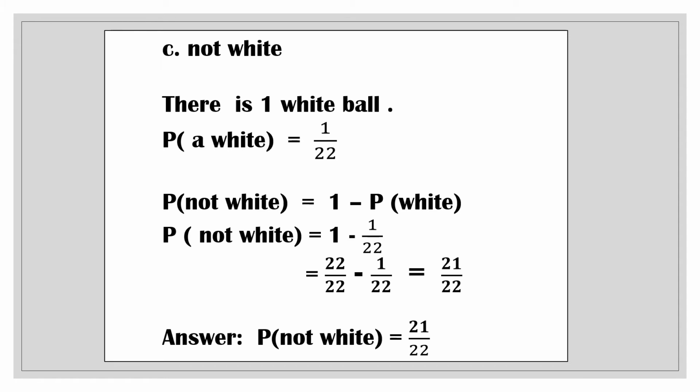So the probability of not white is equal to 1 minus 1 over 22, because this is the probability of an event happening, or the probability of a white. So by the LCM, 22 over 22 minus 1 over 22 equals 21 over 22. So the answer, the probability of not white, is equal to 21 over 22 because there are 21 balls that are not white.